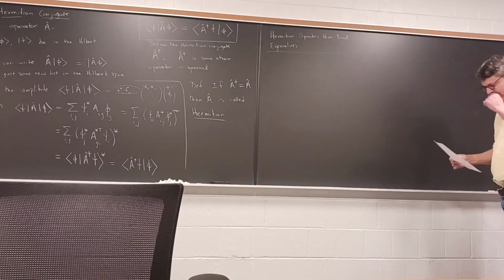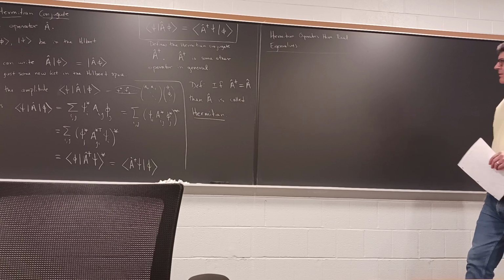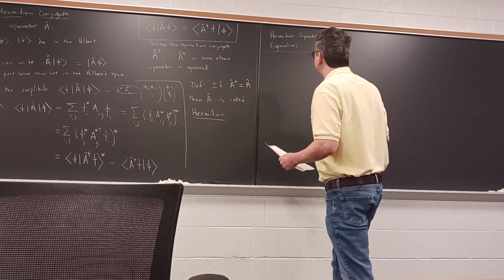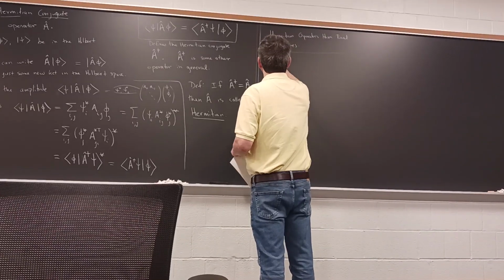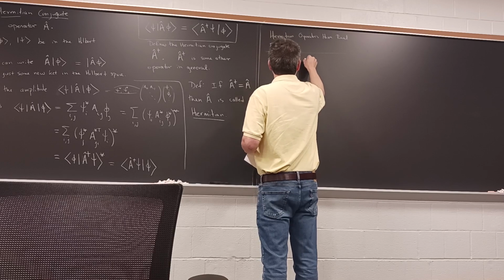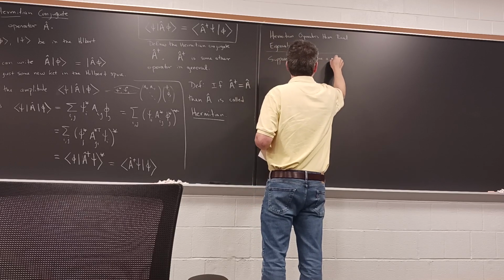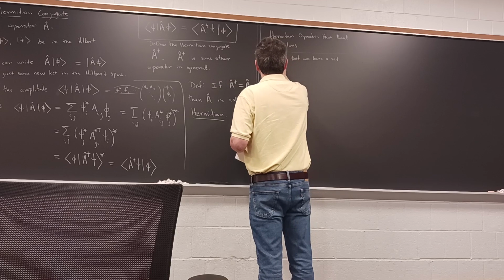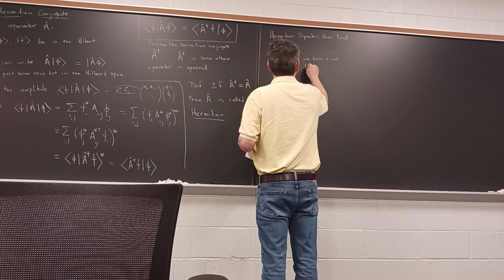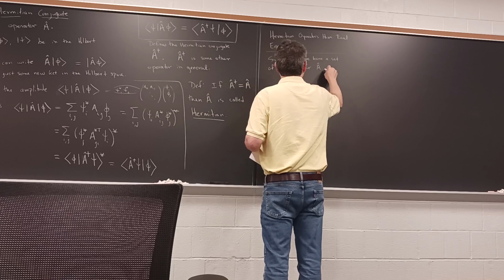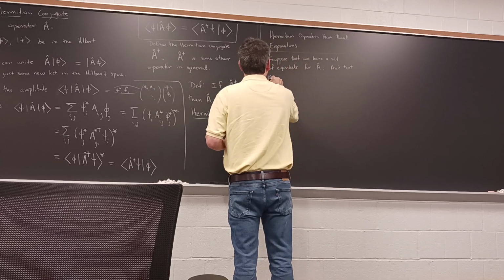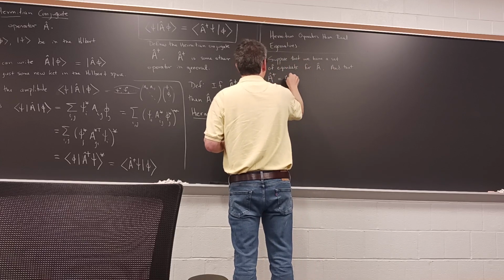Okay, so let's suppose that we have a set of basis states for A, eigenkets for the operator A, and that A hat dagger is equal to A hat.